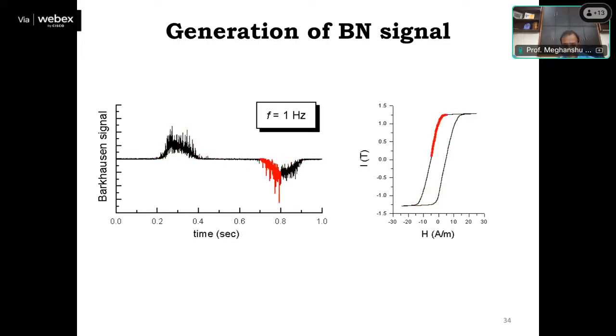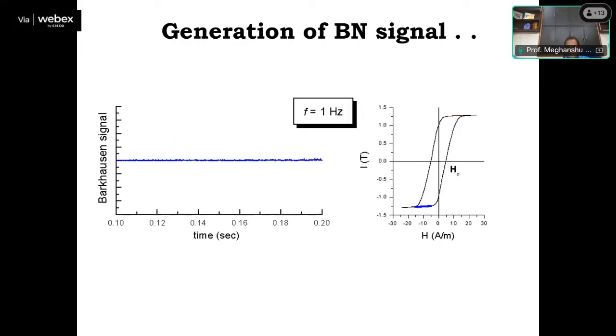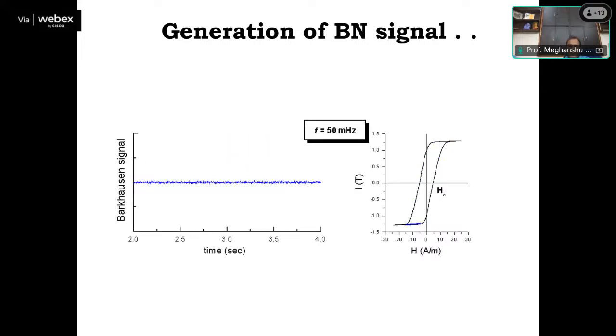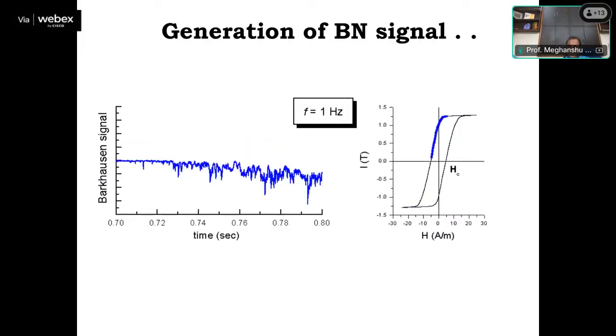Now you can also see that in this simulation, if I change the frequency, it will change the depth. So these are different magnetization frequencies. You can see the depth. This is frequency of 1 hertz.